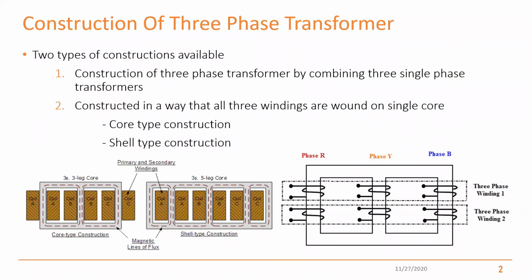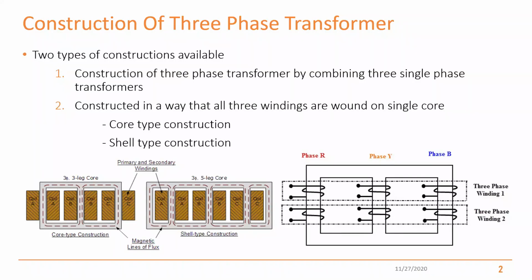Okay. So such kinds of transformers are preferred in situations where single phase transformers are not bulky. Not bulky, therefore you can transport them easily. Once you transport them, you can assemble them. Typically the second construction, where all three windings are wound on a single core, is the more compact construction method.